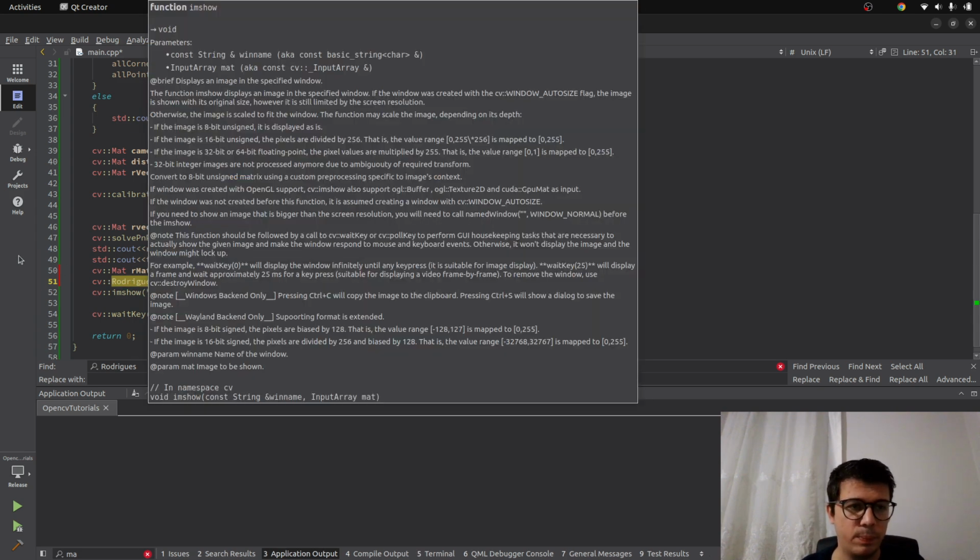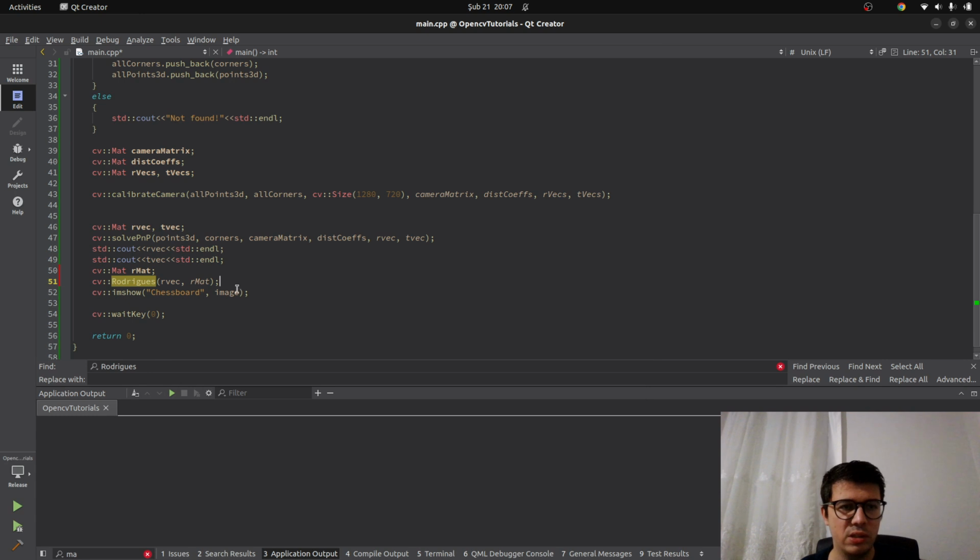So let's print it out and see how the rotation vector we have already seen looks, and let's see the matrix behavior, how it looks.